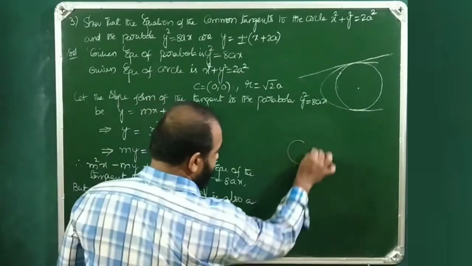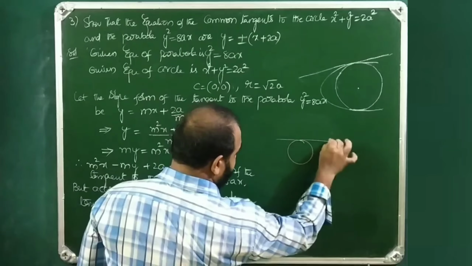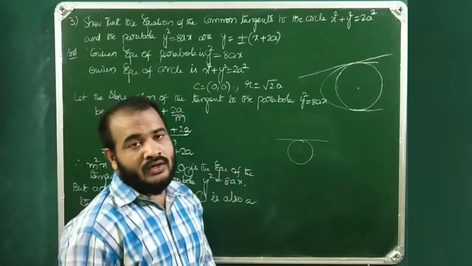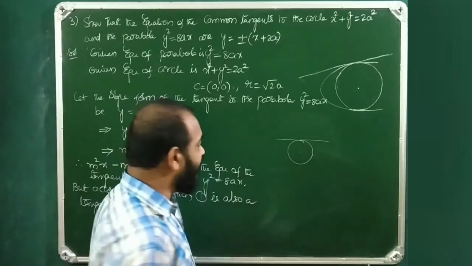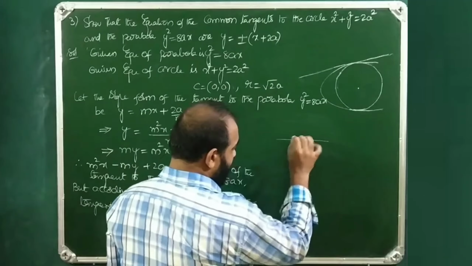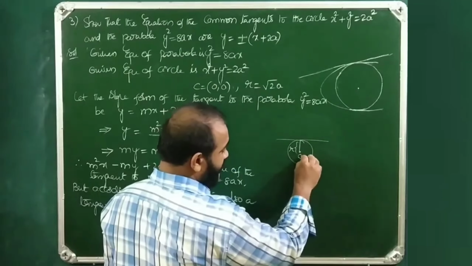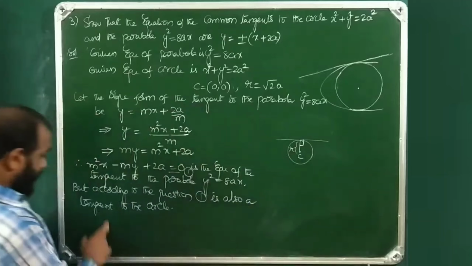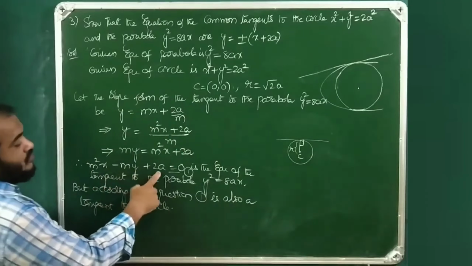So whenever a circle and a line touch each other, what is the tangential condition for a circle to touch the line? R equals to D. So this is the radius R and D is the perpendicular distance from the center of the circle to this line. And what is this line here? m square x minus my plus 2a equals to 0.